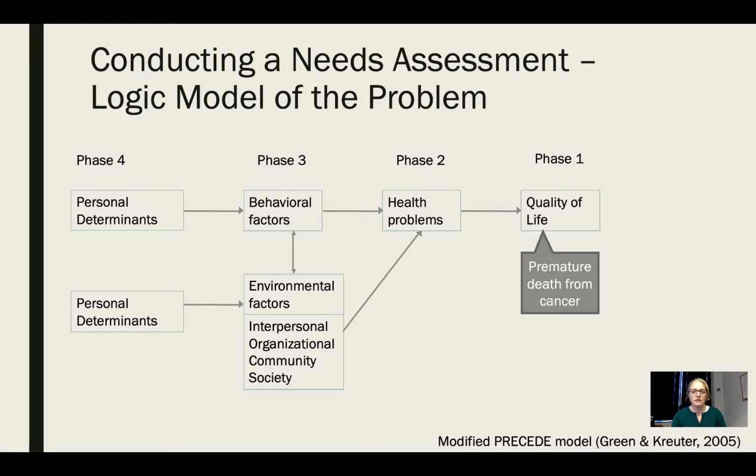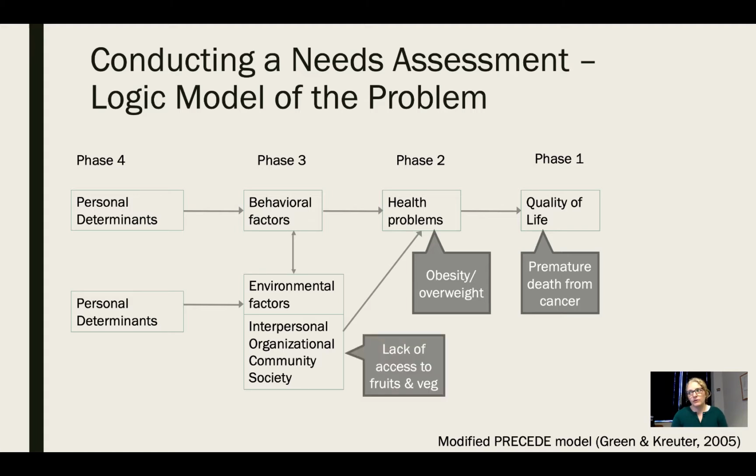So in terms of the quality of life indicator in phase 1 for this example, we're going to call it premature death from cancer. This is for our particular target population. And then for phase 2, we've been able to identify through empirical data, literature reviews, and what we know from epidemiological studies and research that obesity and overweight are contributing to that premature death from cancer.